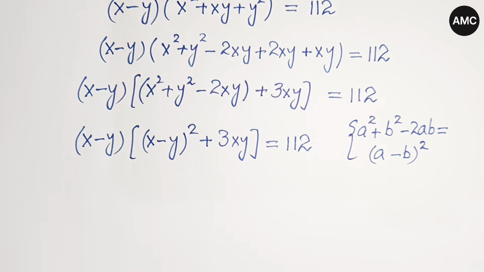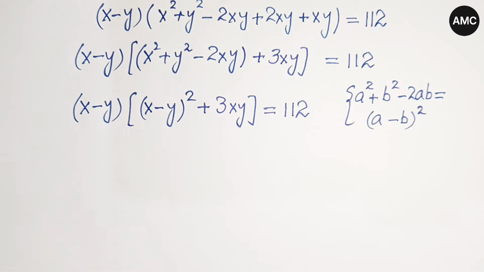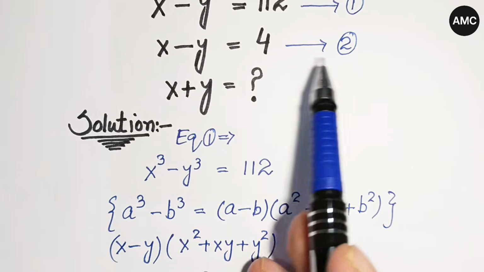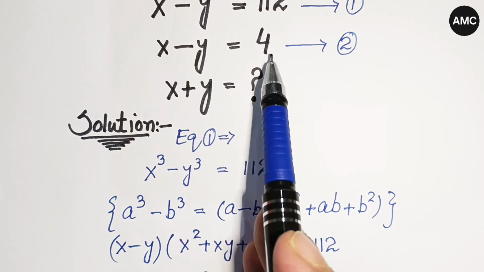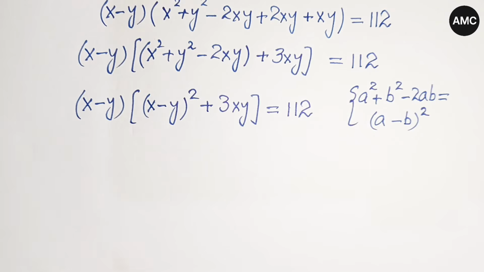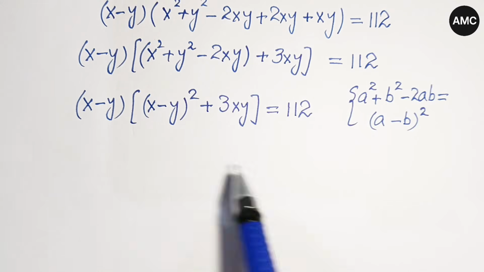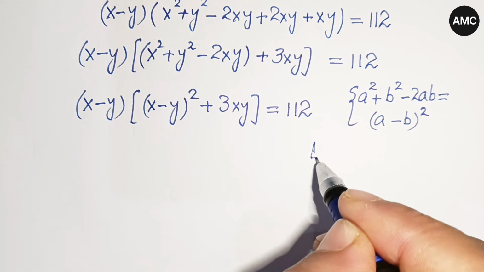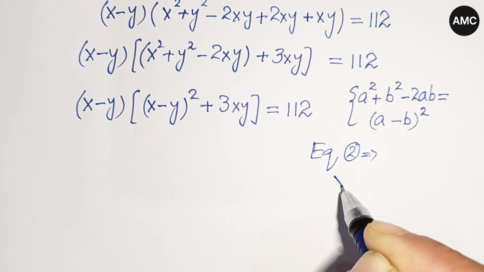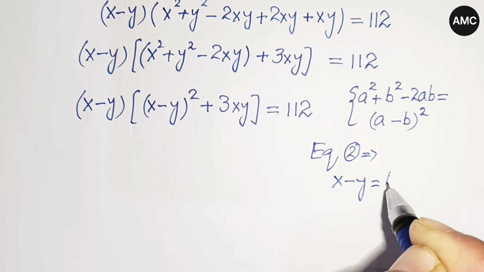Now our next step, according to equation number 2, is that x minus y is equal to 4.